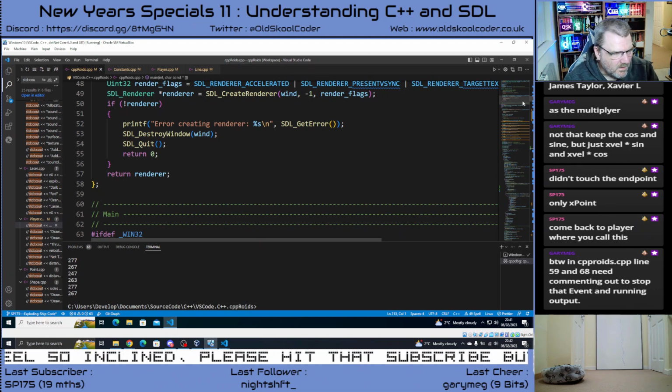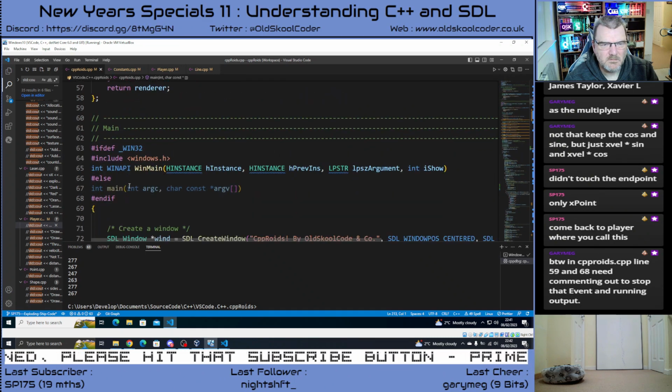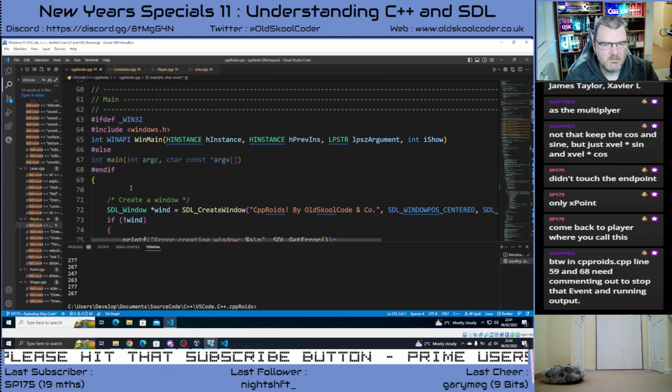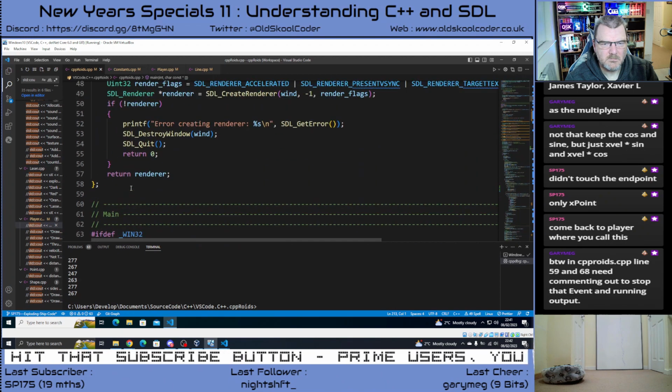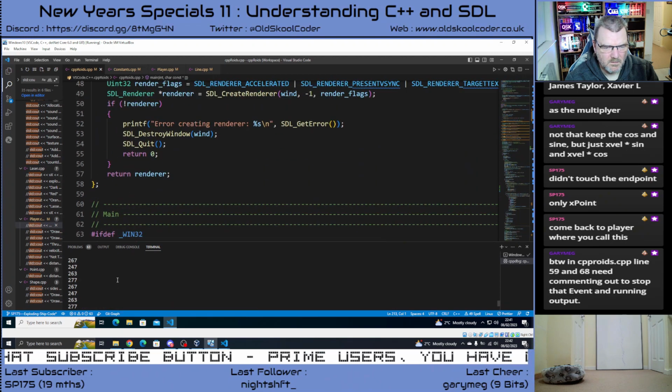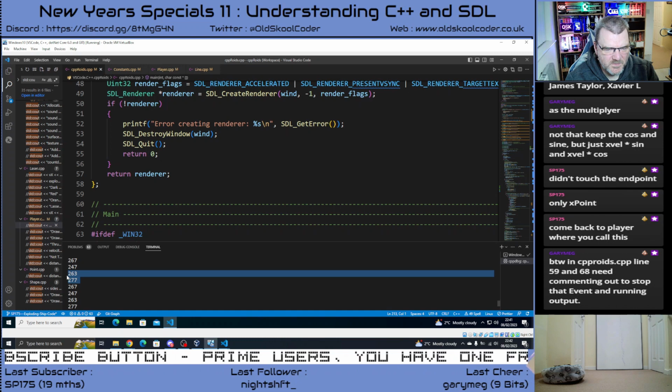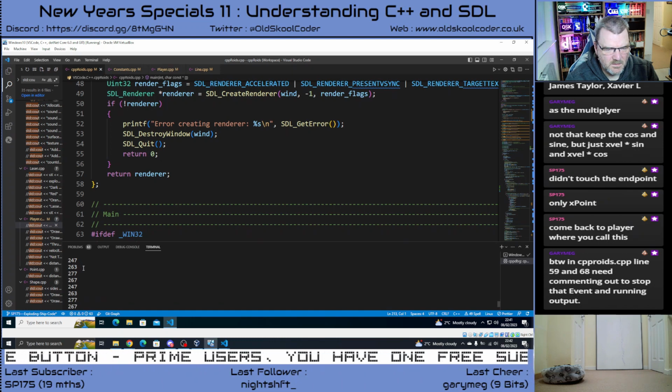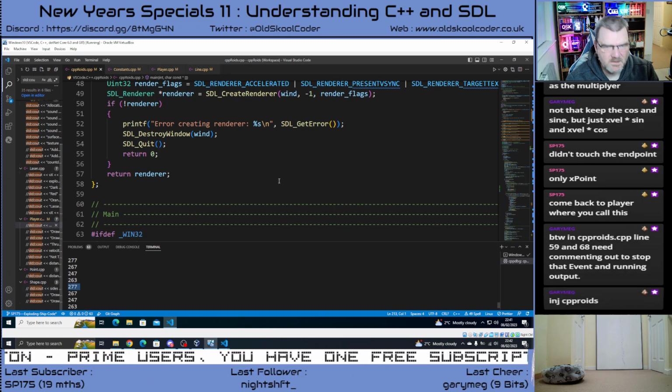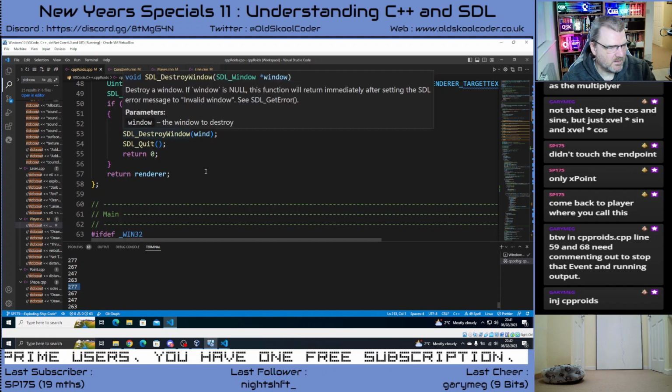By the way, lines 59 and 68. Look, it's swapping between, so it's resetting. It's resetting.